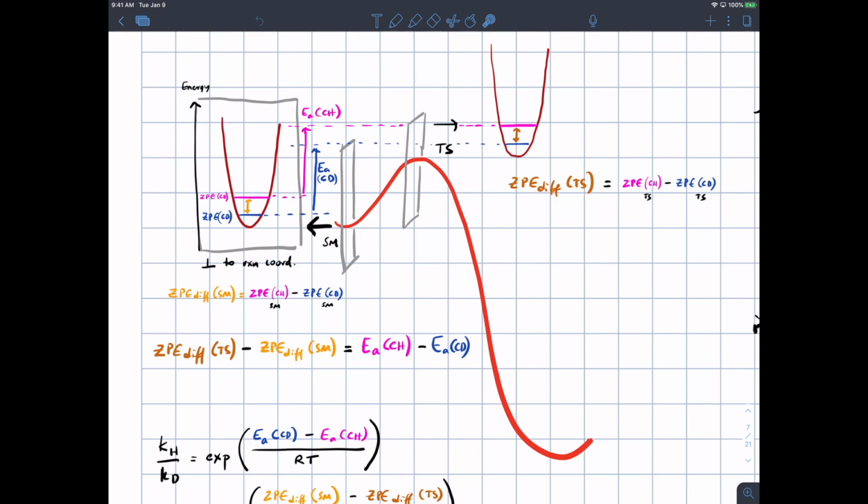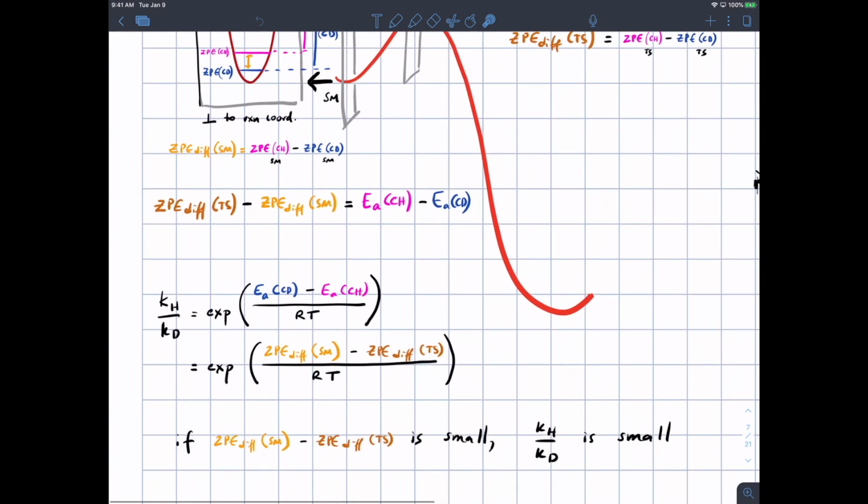The frequencies and the force constants should be similar because the geometry is similar. That means the difference in zero-point energies for hydrogen versus deuterium should be similar in the starting material and in the transition state. That's going to mean that these activation energies are similar, which is going to mean that the rates are similar, which is going to mean we don't observe a very, very large kinetic isotope effect. Does that make sense? Okay.